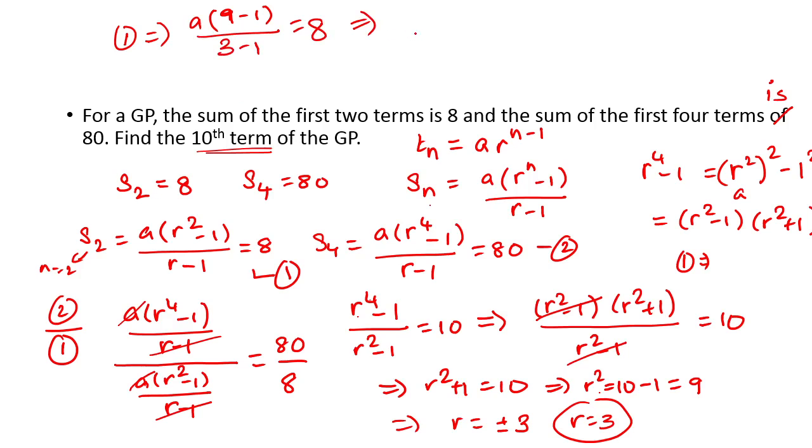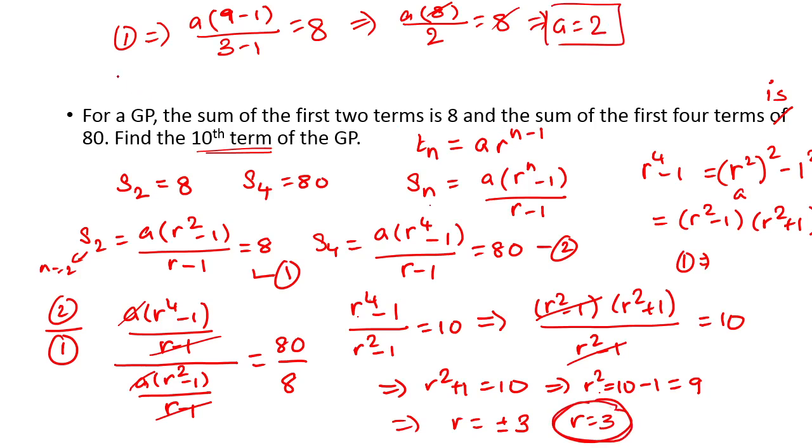So I have a into 9 minus 1, which is 8, divided by 3 minus 1, which is 2, equal to 8. So this 8 will cancel, and I'll get a equal to 2. So I have a equal to 2 and r is equal to 3.